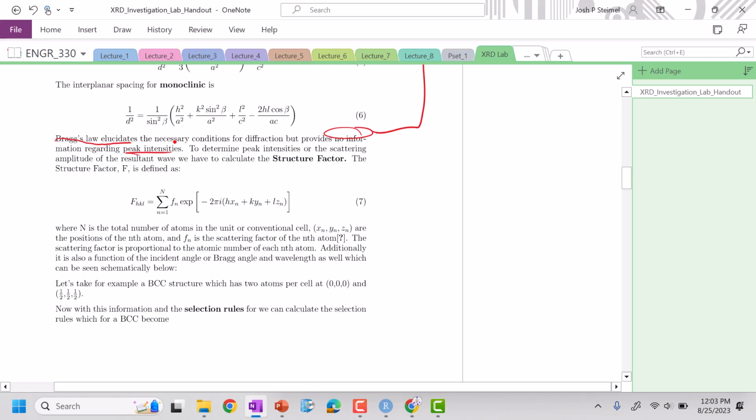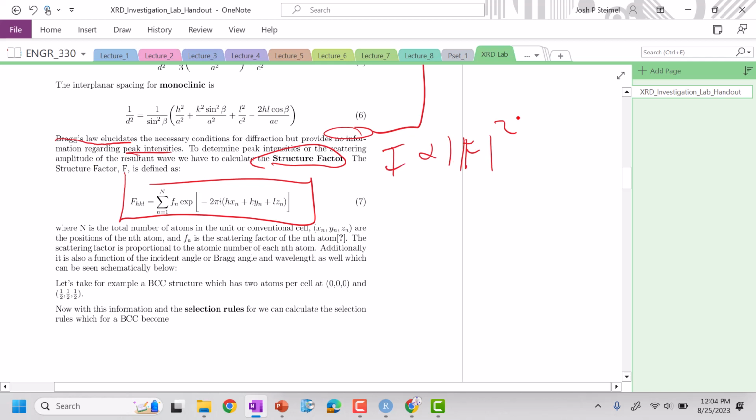To determine peak intensities, and what types of interplanar spacings or HKL indices will allow us to see the conditions for diffraction, we have to calculate the structure factor, because our intensity scales as the magnitude of the structure factor. We'll get to that in a bit.